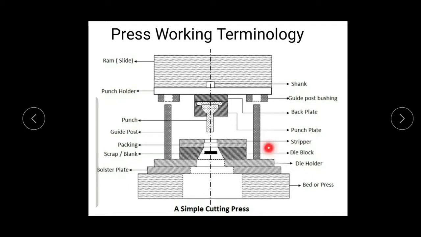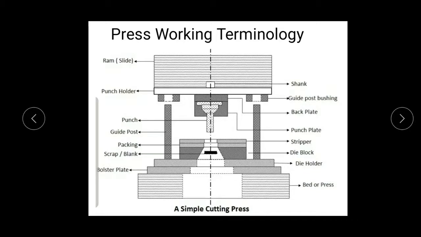Then shut height is also one of the important ones. The distance between top of the bed and bottom of the slide with its stroke down and adjustment up is called shut height. So it is a specification of any press. The stroke is also a specification.